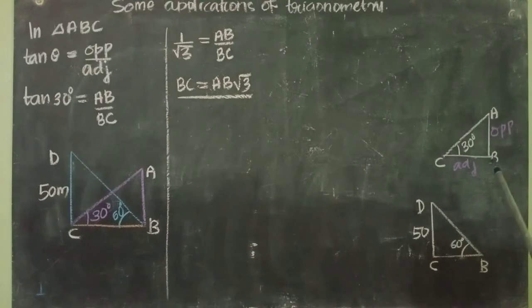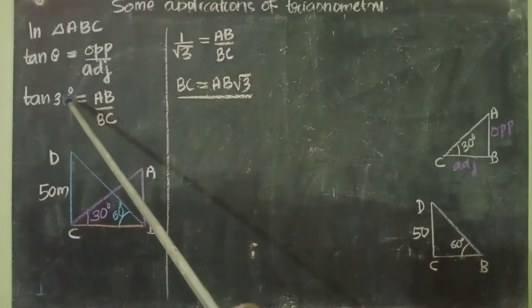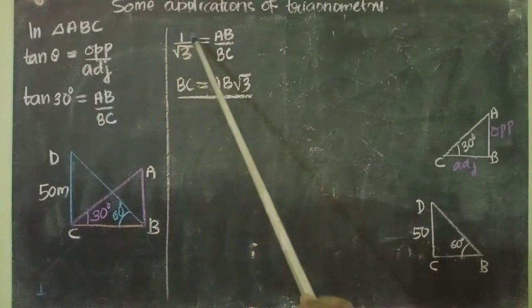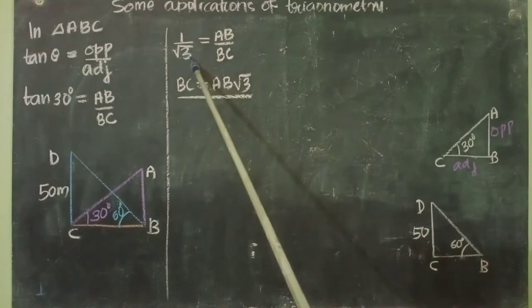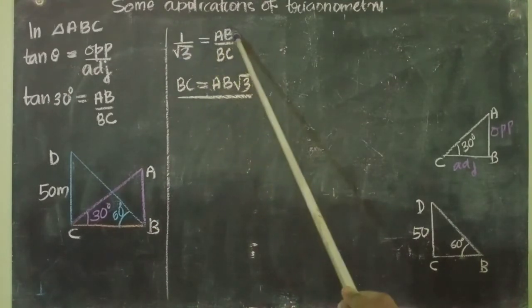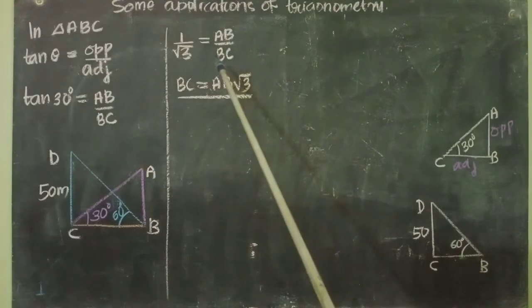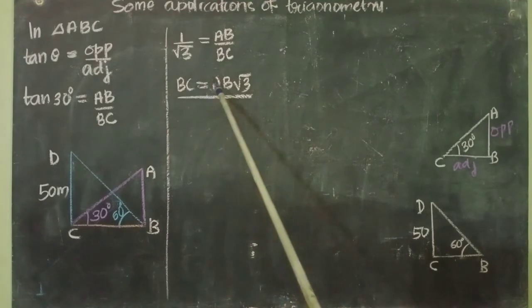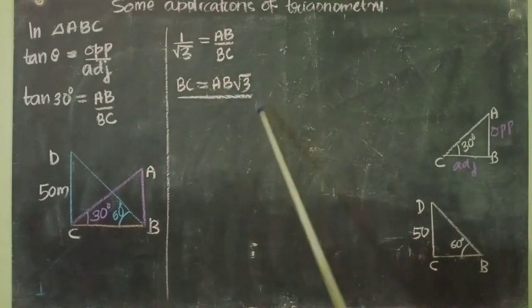Opposite side is AB, adjacent side is BC. Tan 30 degrees equals AB by BC. We know tan 30 is 1 by root 3. So we get 1 by root 3 equals AB by BC. Cross multiplying, we get BC equals AB root 3.